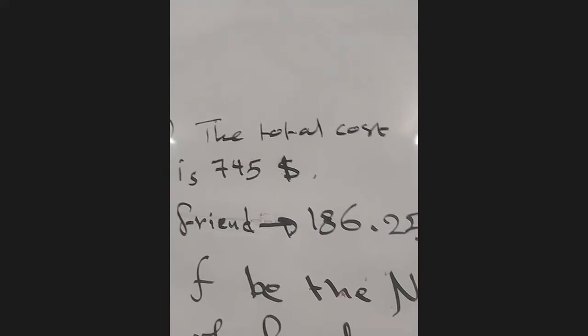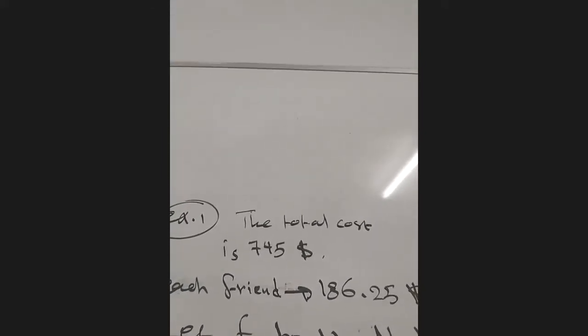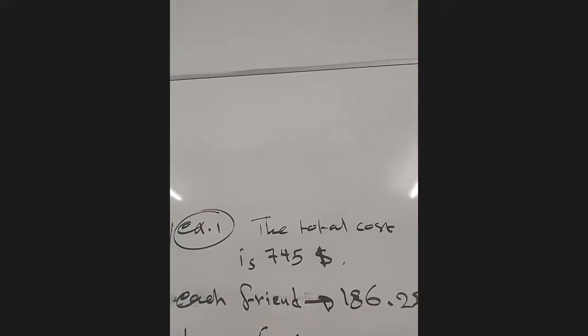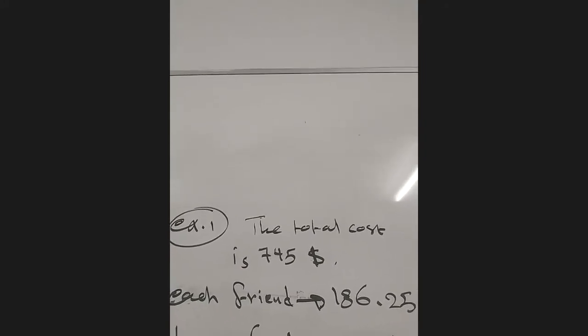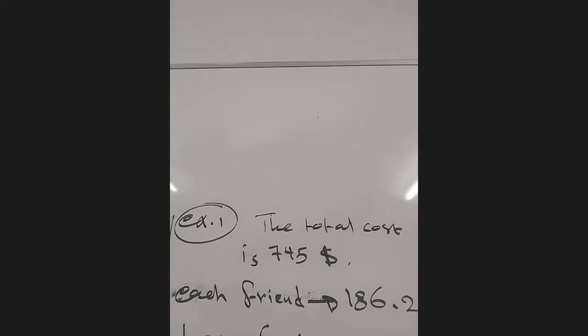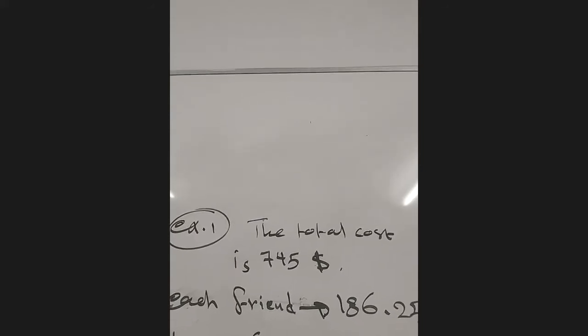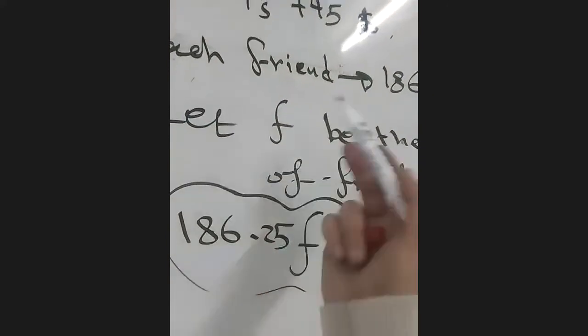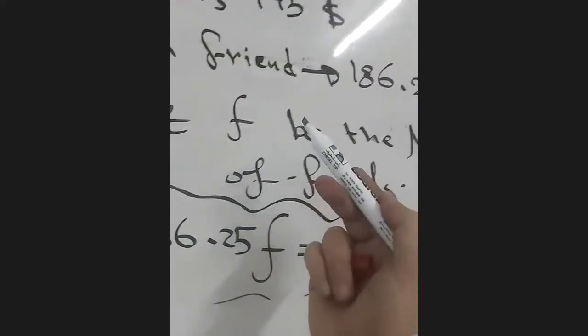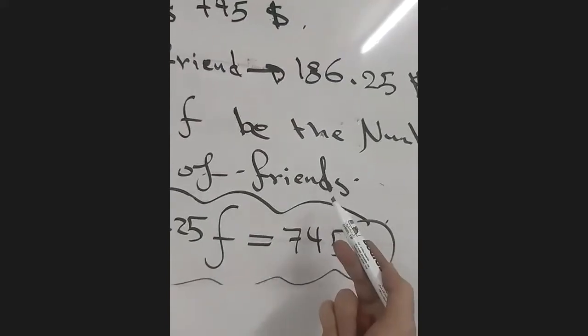Now I will ask you a question. Do we know how many friends we have? No. The question wants us to know how many friends, right? So I will let f, for example, be a variable, the number of friends.